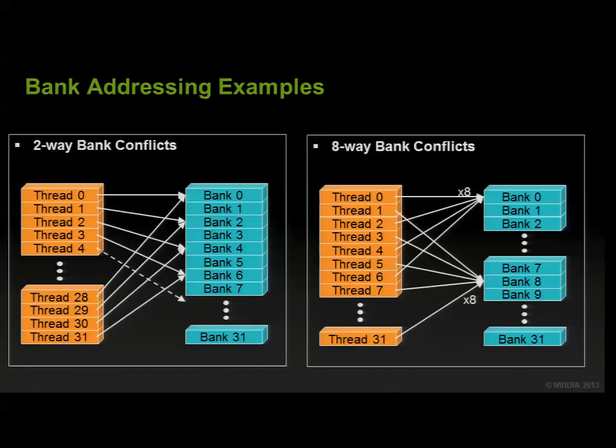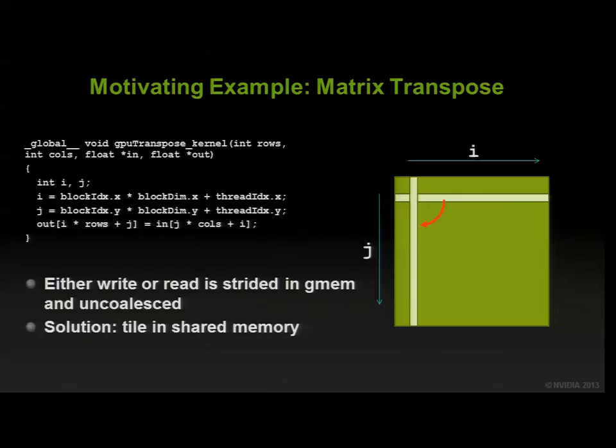And what the hardware will do is it will replay this instruction. So, as I said, it will first deliver the values to the first set of threads, then to the next set, and so on. So all this means is that you're just getting a slightly extra cost for accessing shared memory.